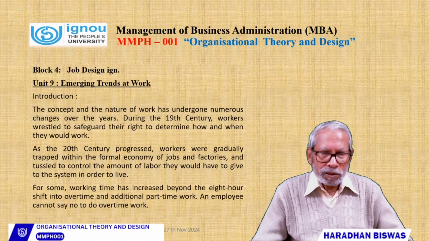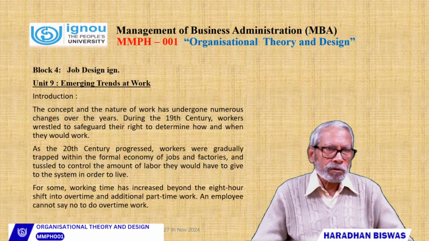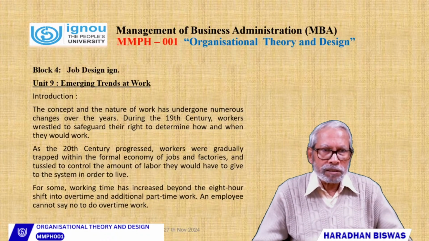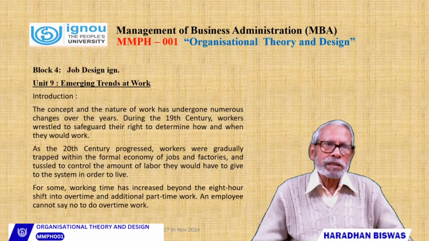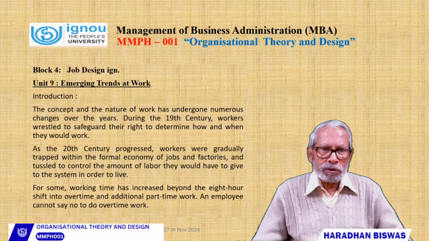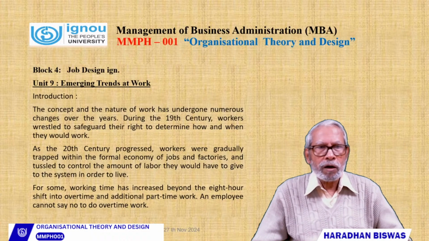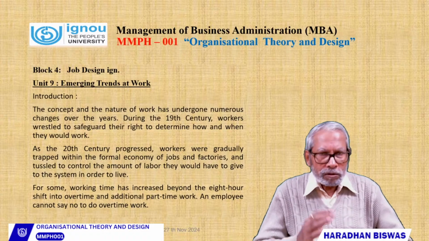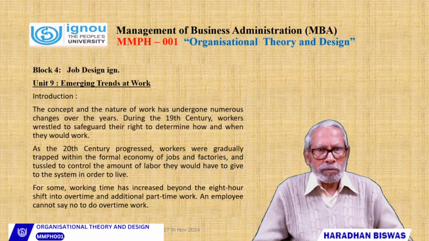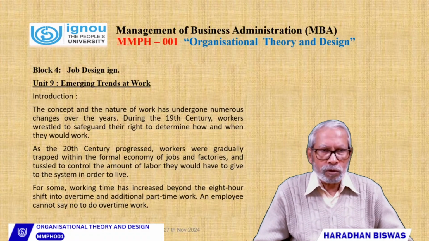Now, some of the emerging trends. During the 19th century, workers had little right to determine how and when they worked. At that time, people were told: you come, do the job and go, take that money.